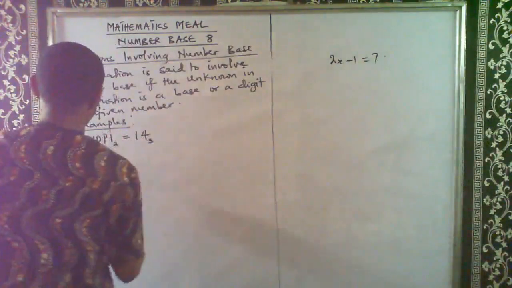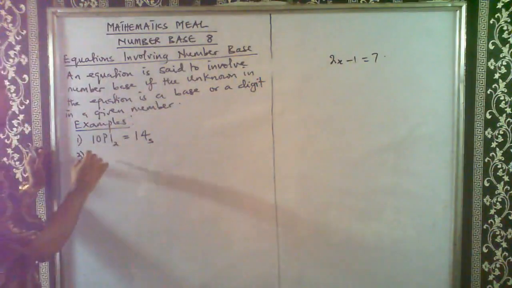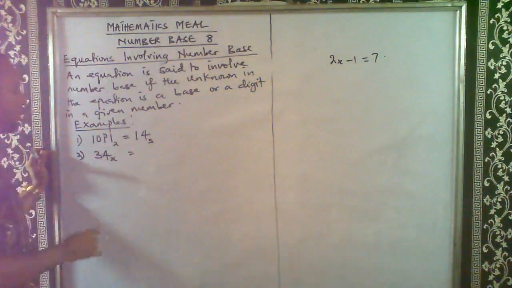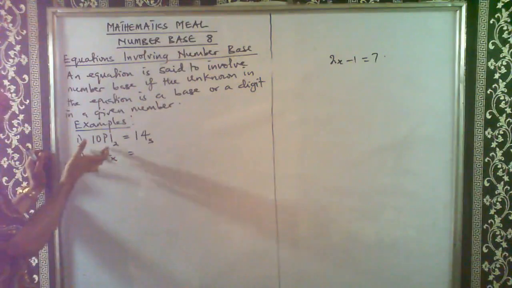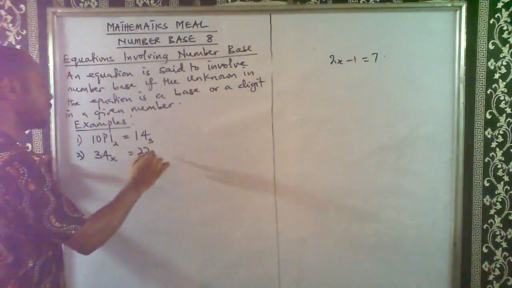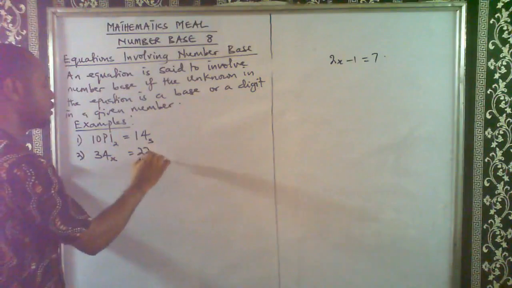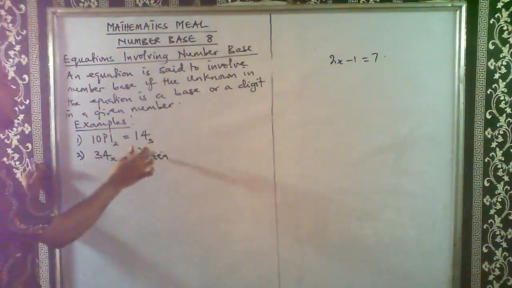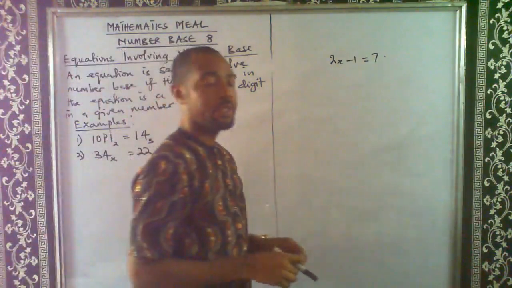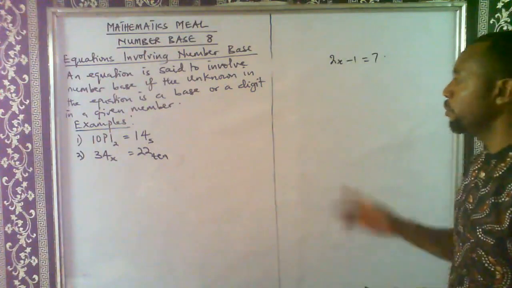It is still possible that in an equation involving number base, the unknown is the base. For example, 34 in base x equals 22 in base 10. In this case, the digits are known, but we have an unknown base.